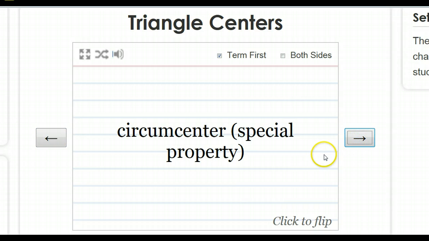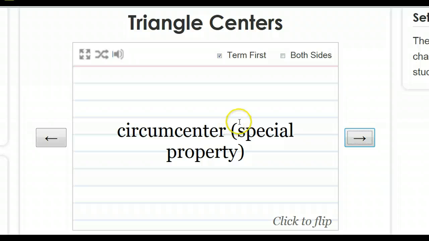Okay, now let's talk special properties. Remember, some things are equidistant from the sides. Some things are equidistant from the vertices. One of them had the special properties with those little formulas with the big piece and small piece, and the big piece is 2/3 of the whole thing, and the small piece is 1/3, and the big piece is double the small piece.